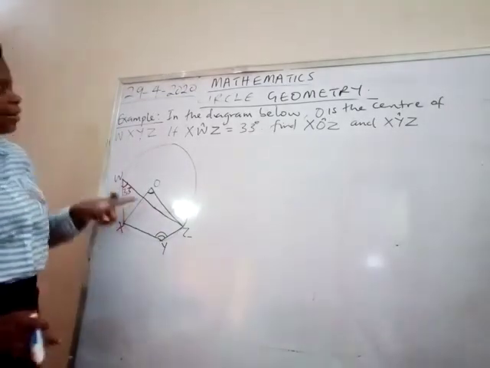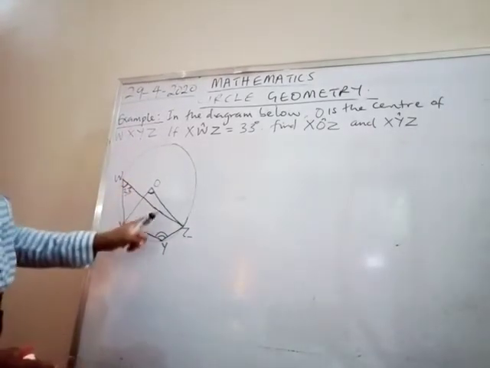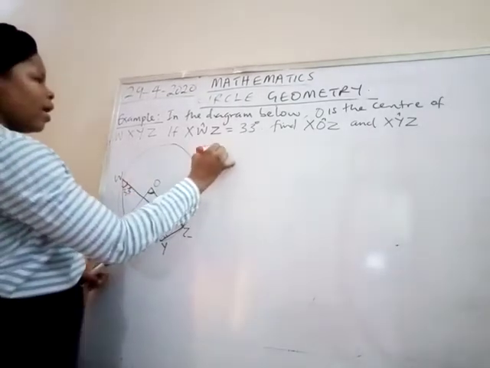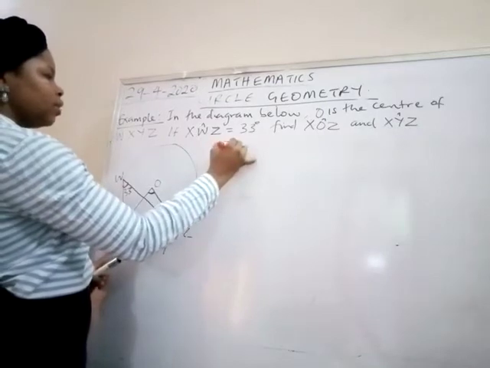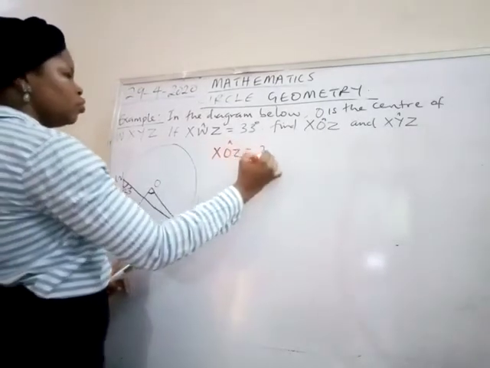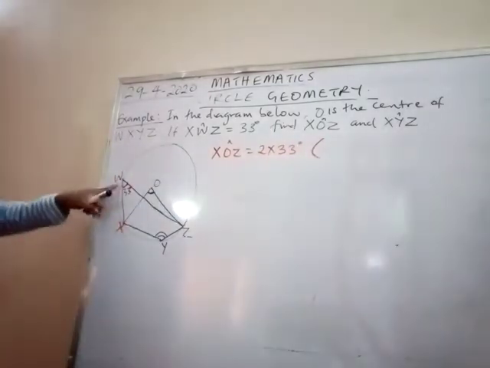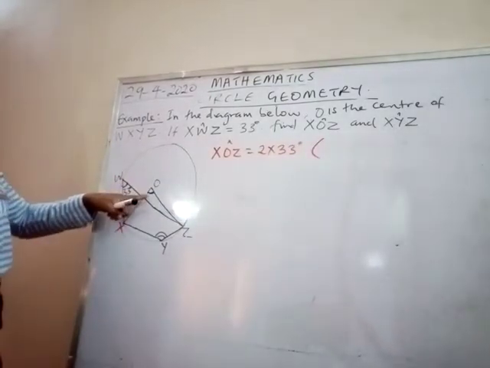So to find that angle XOZ, you are going to write XOZ equals 2 times 33 degrees. What is the reason? Because this is the angle at the circumference and this is the angle at the center.